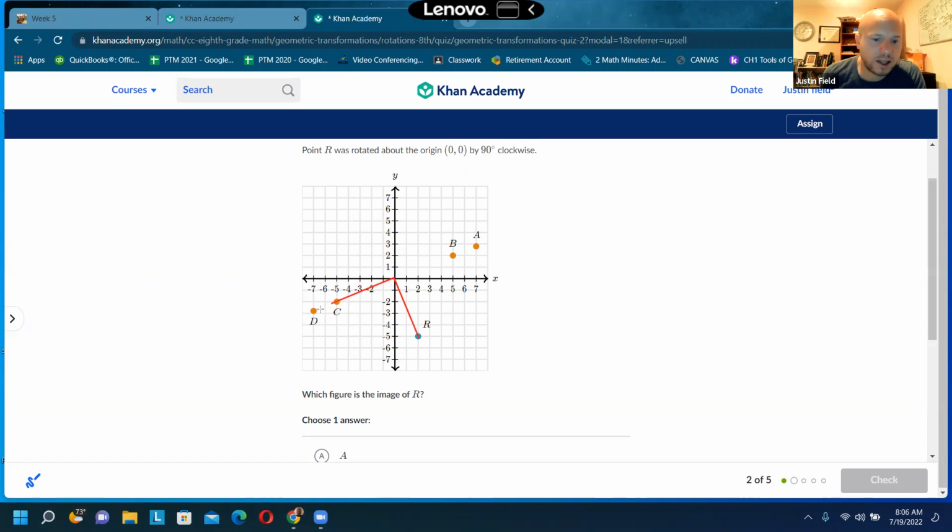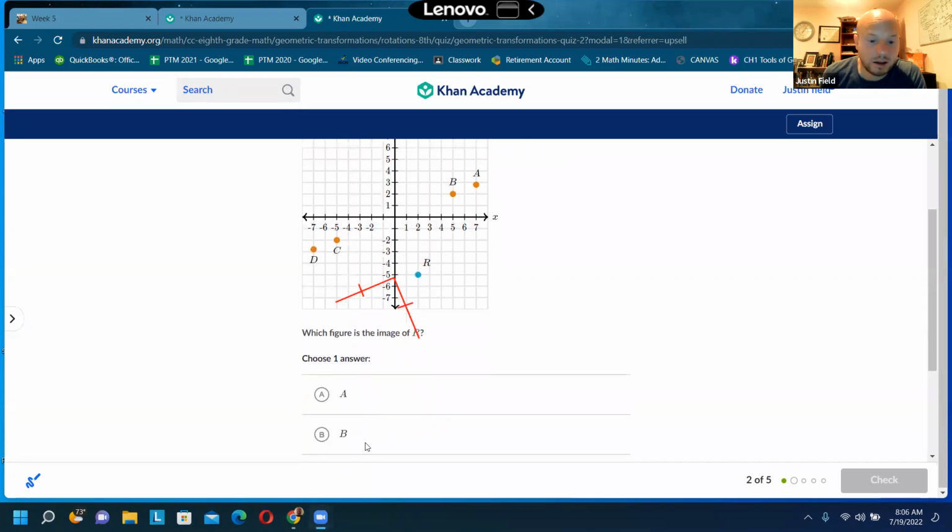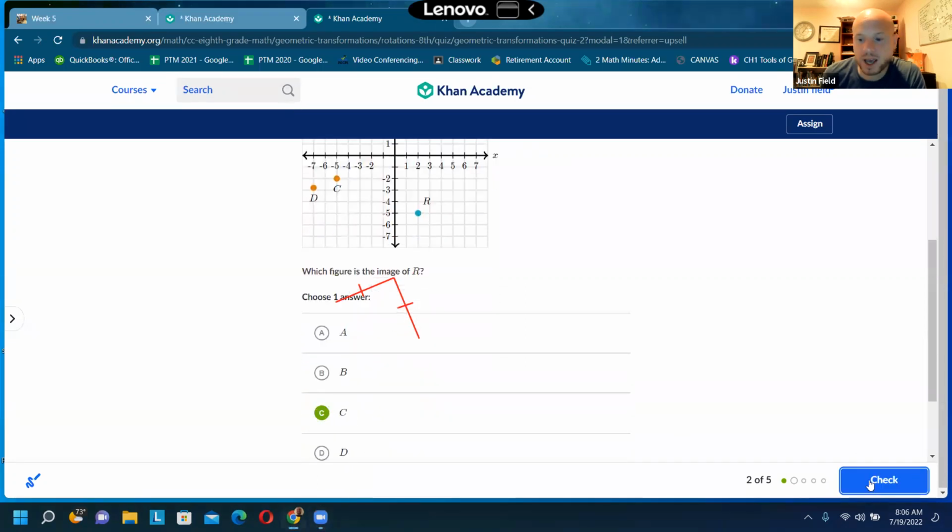It looks like C, because if I draw it to D, then that segment is longer than my segment R to the center. So that's the other thing, is these segments should be congruent. And so it's C. I can see that because it makes my angle.